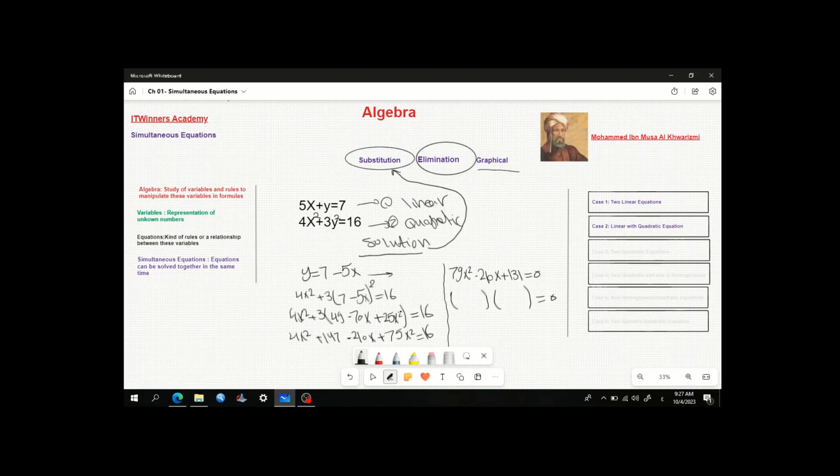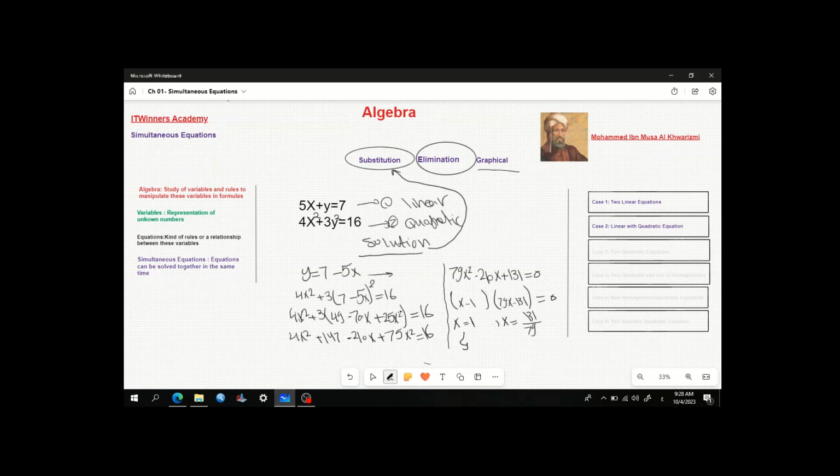I can write (x minus 1)(79x minus 131). Now I have x equal to 1 and x equal to 131 by 79.